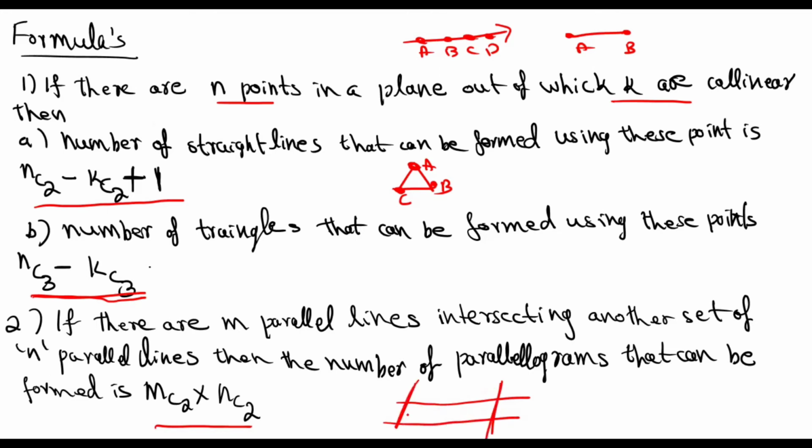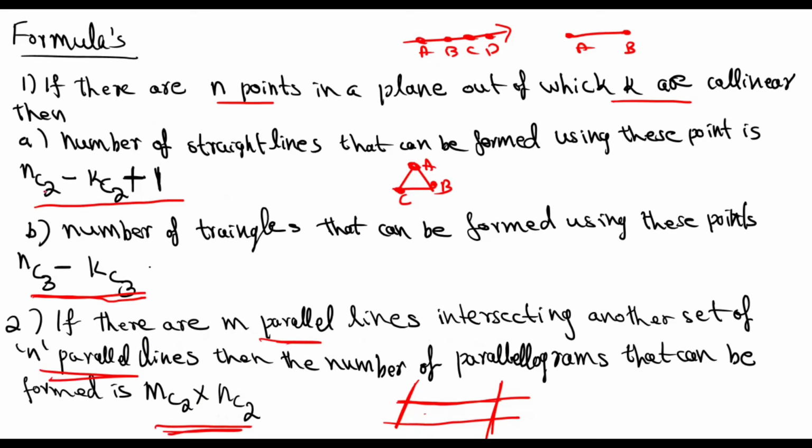Here 2 parallel lines, here also 2 parallel lines. Then they are intersecting with each other. At that time, you can see one parallelogram, right? So if there are m parallel lines intersecting another set of n parallel lines, then the number of parallelograms formed is equal to MC2 into NC2.